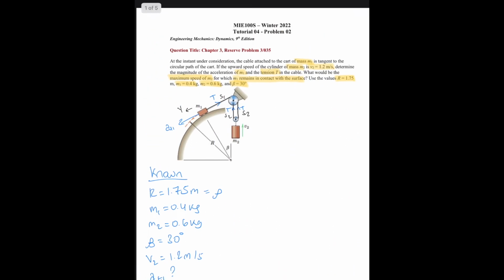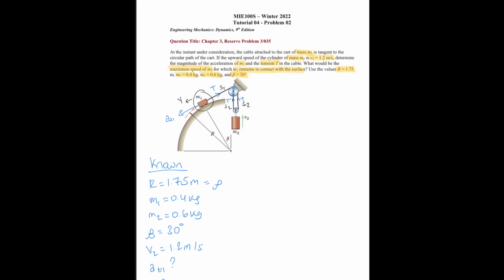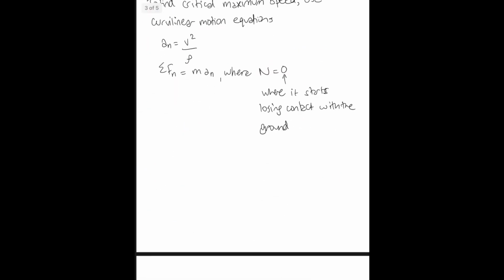Now let's go back to the diagram. We're evaluating m1 here, and we want to know the maximum velocity m1 can reach before it starts losing contact with the ground here. So when it loses contact with the ground, N is going to be equal to 0. And this is what we're evaluating here.